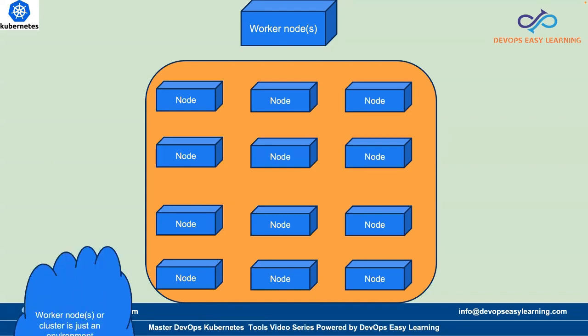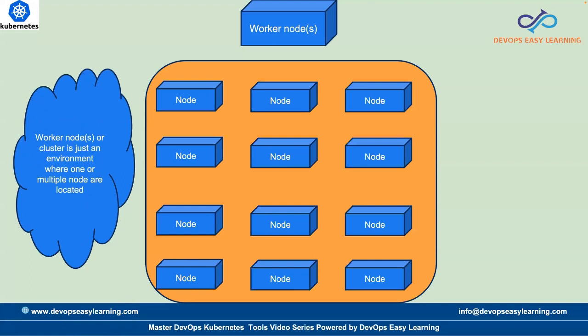Like I mentioned earlier in the introduction of the video, a worker node or cluster is just an environment where one or multiple nodes are located. So when we say Kubernetes cluster or Kubernetes worker node, this is just an environment where a node lives. It can be a single node or multiple nodes, depending on the use case.